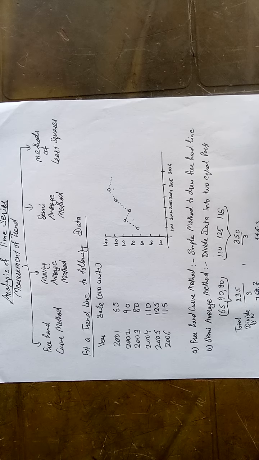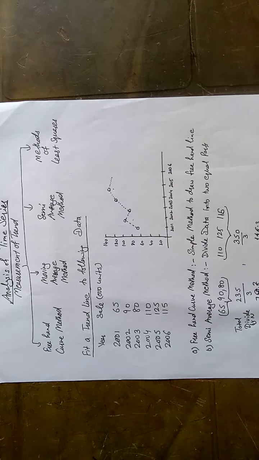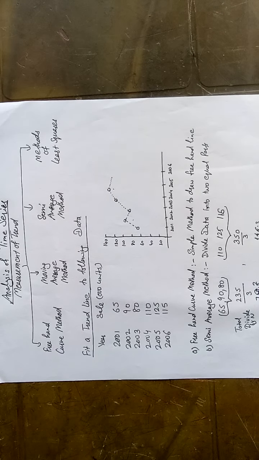It is the freehand curve method. How will we do it? We will make a curve over here, as per the freehand. That means it does not have any proper sequence. It is done with the help of your freehand.